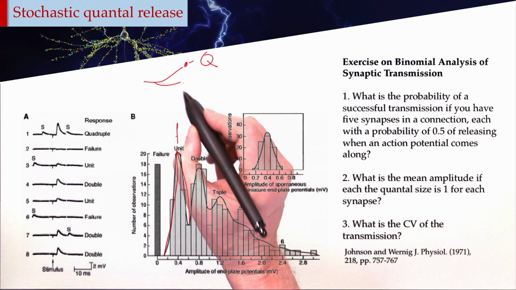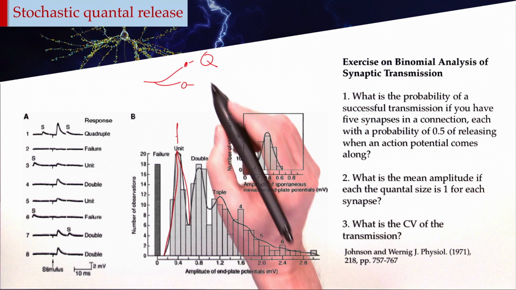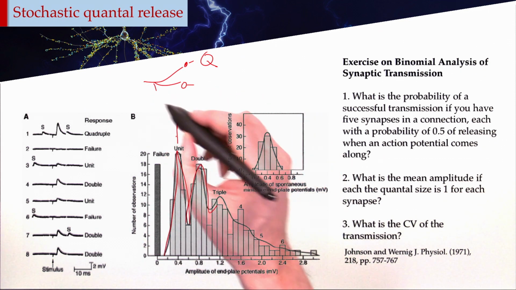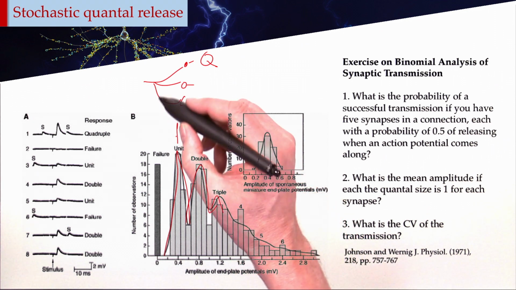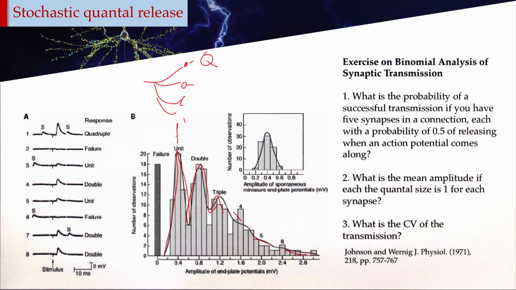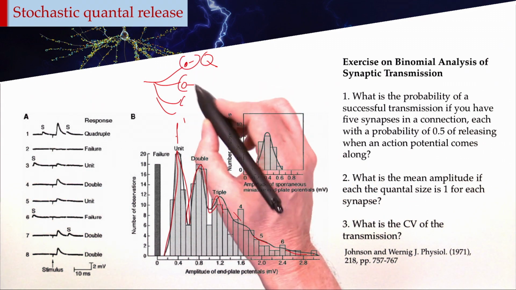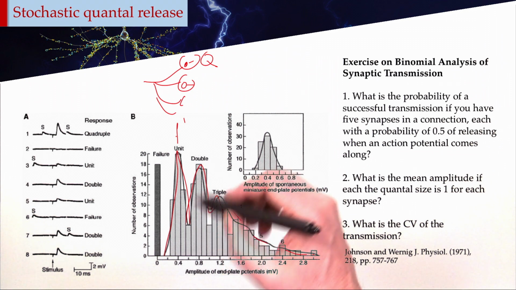If 2 synapses fired and released, you would see a double amplitude. If 3, you'd see a triple, and so on. And in systems where these are very nice and clearly separated, you see these bumps.